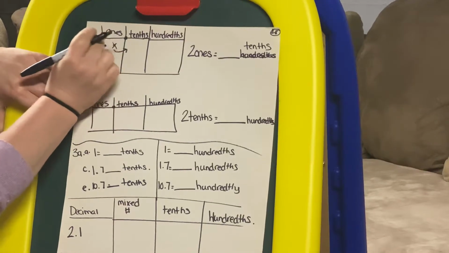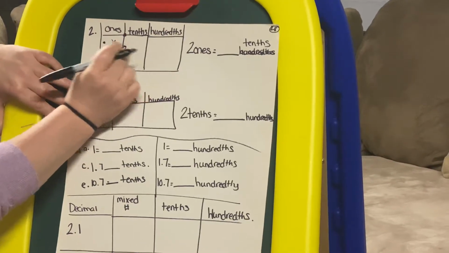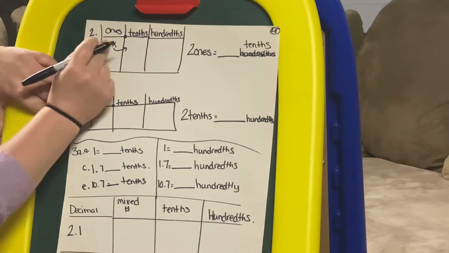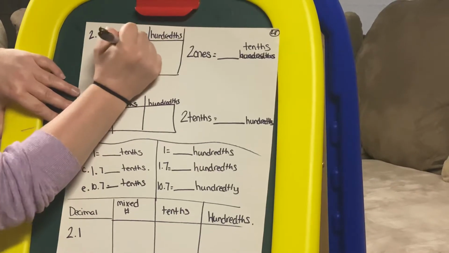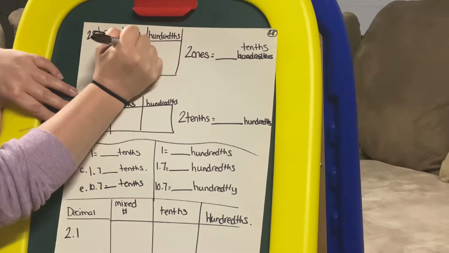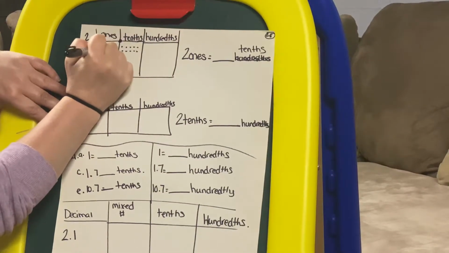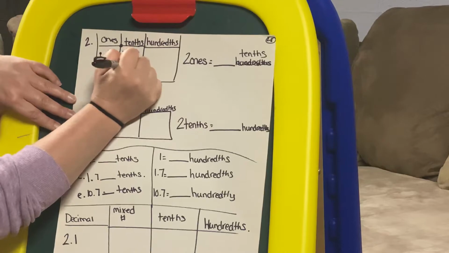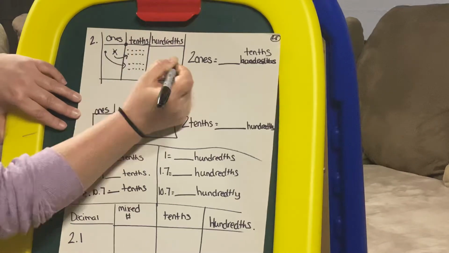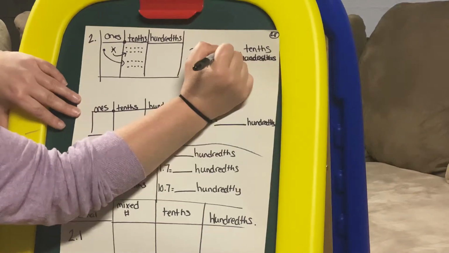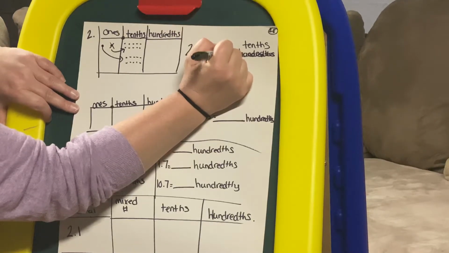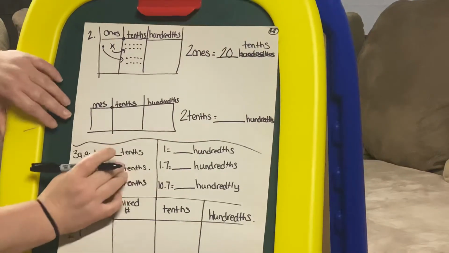Each one of these, when we move within a place value chart, is worth 10. So if I'm going to move that there, I'm going to say 1, 2, 3, 4, 5, 6, 7, 8, 9, 10. Move this one back. So 2 ones is equal to 20 tenths.